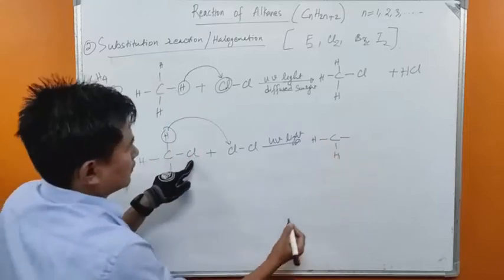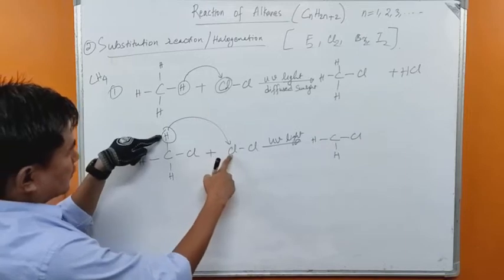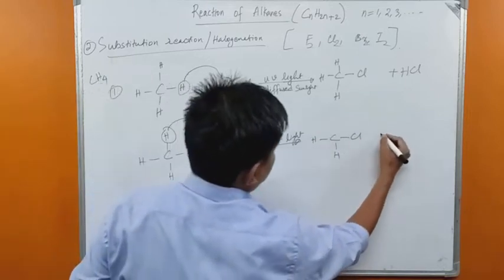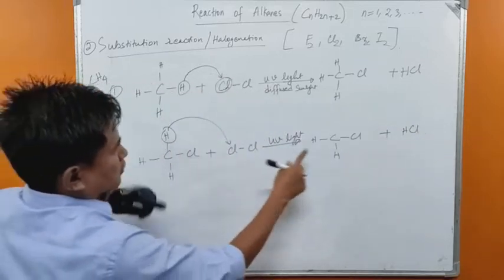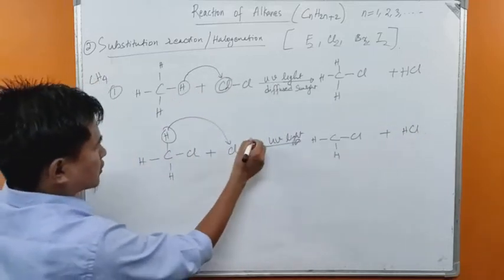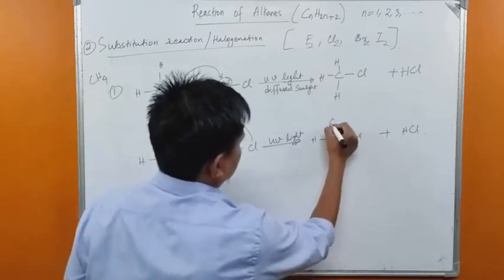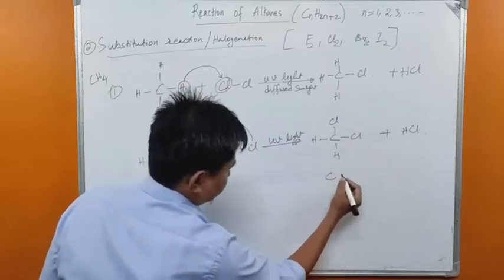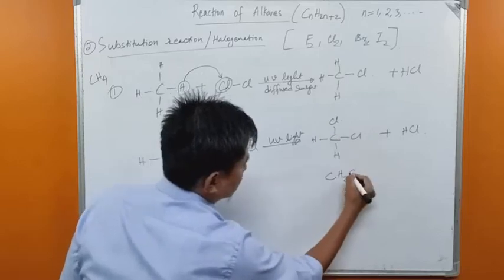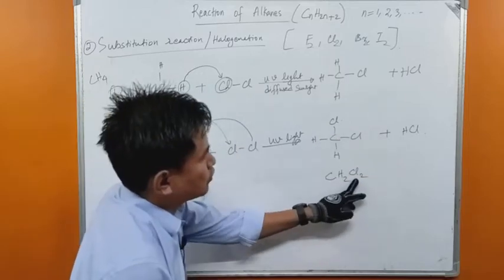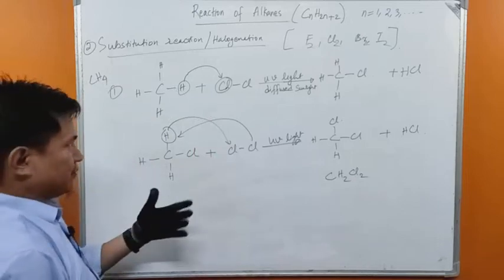Here we have Cl, isn't it? Now this hydrogen is replaced by this chlorine. This H and this Cl react to produce HCl, and this chlorine atom comes in this place. Now we have 2 chlorine, so CH2Cl2. Similarly, this will be replaced, step by step.